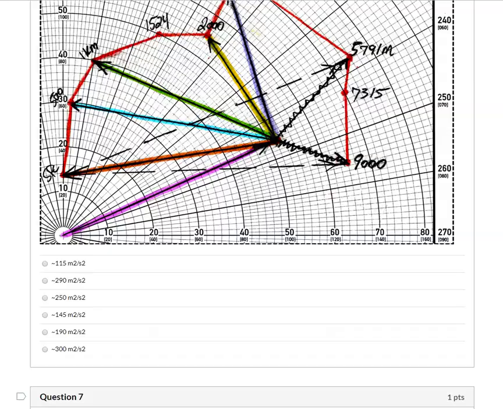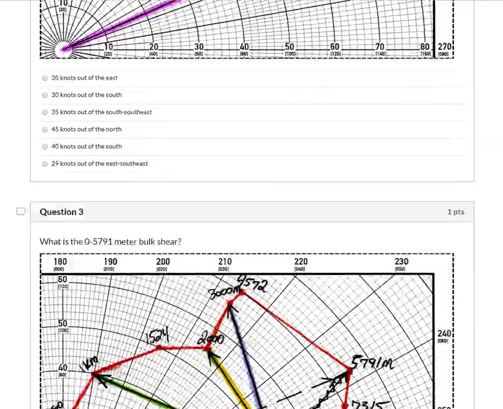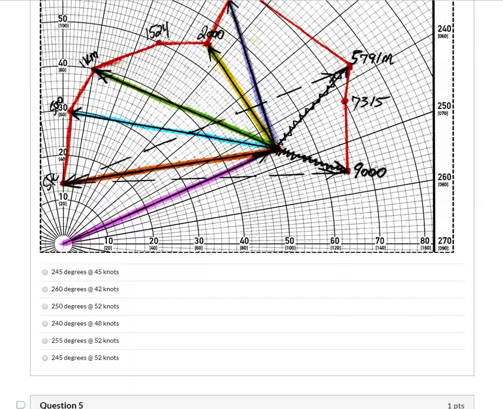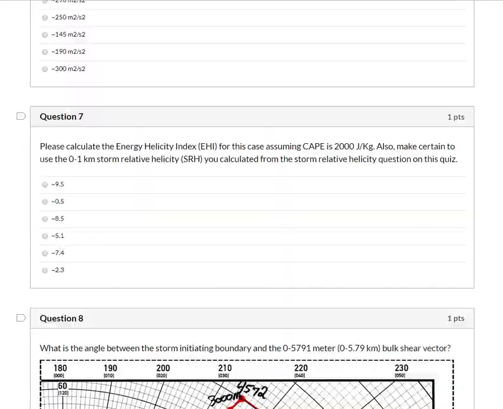You might want to go back and look at your energy helicity index. It's right here. You might want to consider what you get there. However, do keep in mind that the energy helicity index is kind of like the sweat. There's other things that can make up or detract from the tornado threat aside from the numerical value itself. Okay?